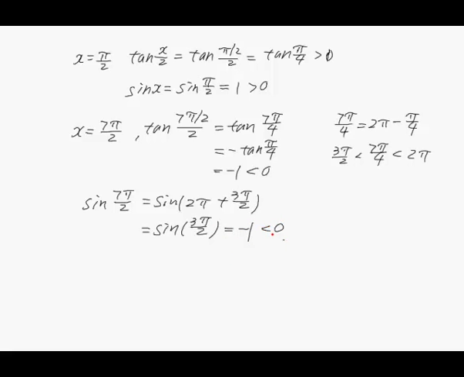So by these two examples, we are more confident in such a conjecture that the tangent of half x and sine x have the same sign. But this is not a proof, right? This is just some experiments with this conjecture.